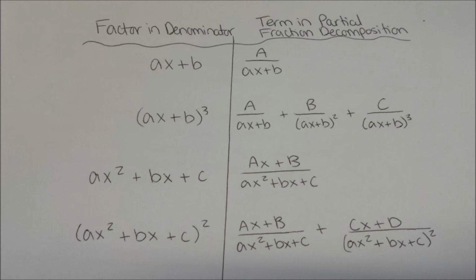This is the case for the third example, as it contains an ax squared as well as a bx. Because it has an x squared and an x, the numerator will need an ax and a constant b. Finally, the fourth example contains both a repeated term as well as a second-degree factor in the denominator.